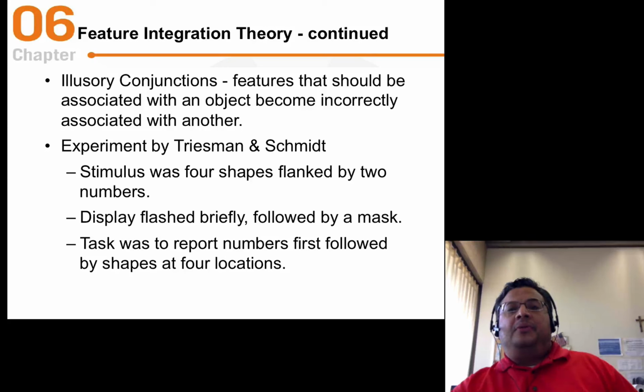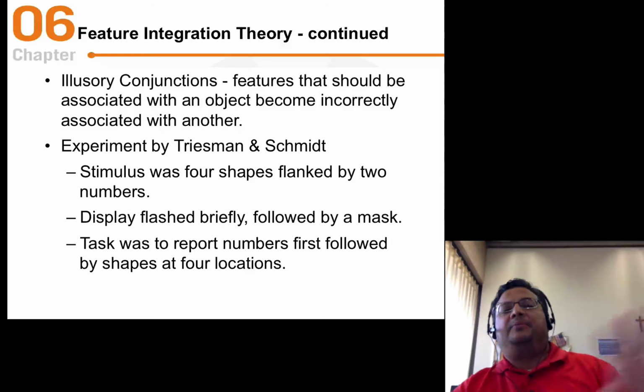We do mix up features that should be associated with one object, incorrectly associating them with another. In other words, it's possible for us to pre-attentively identify features from a set of objects, and then when we focus our attention, to accidentally grab some features of other objects that weren't there and include them in our perception.